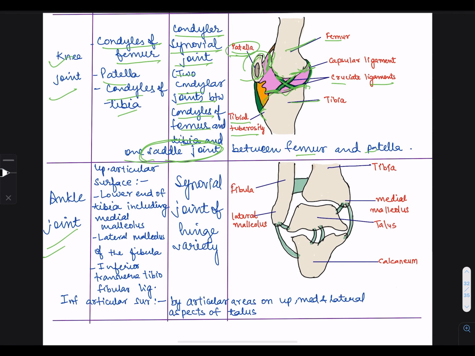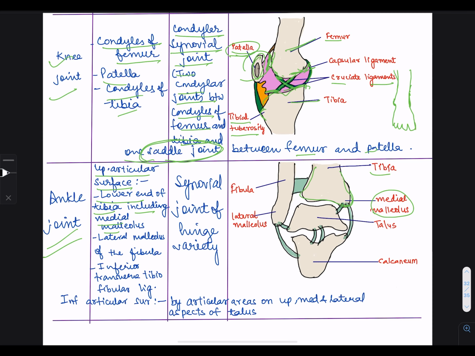Coming to the ankle joint, the upper articular surface is formed by the lower end of tibia. This bone is tibia, including the medial malleolus. This part is known as medial malleolus. If we have a look at our own foot, as you all very well know, here we have a protuberance, and here too we have a protuberance.